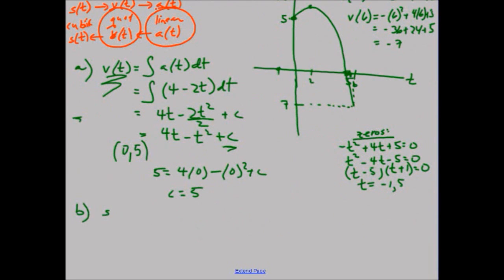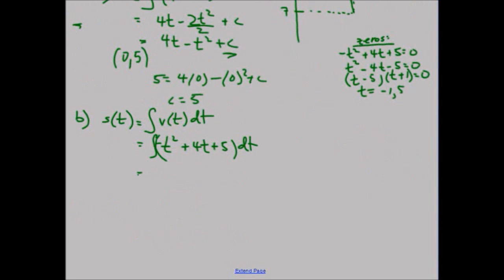So the displacement function will be the integral of the velocity function. And the velocity function we determined was negative t squared plus 4t plus 5. Integrate that. So negative t cubed over 3, 4t squared over 2, 5t plus c.